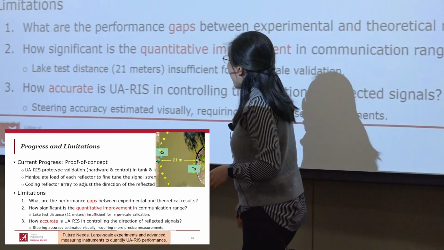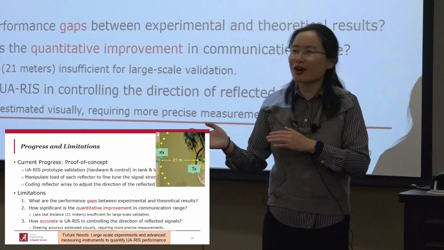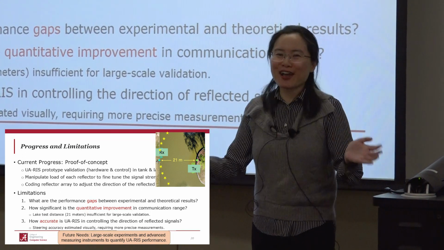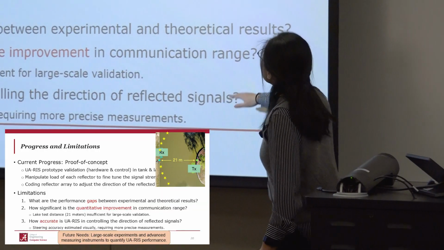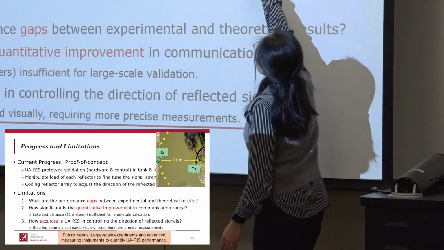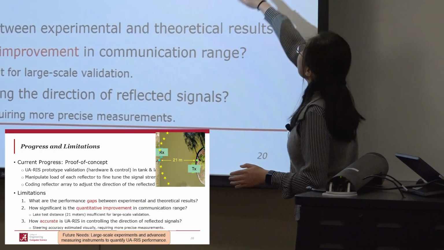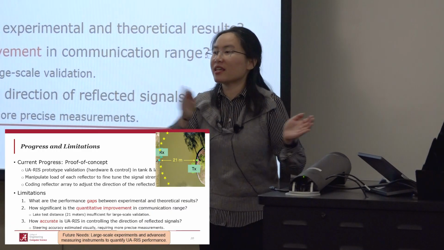And also, how accurate is the RIS in controlling the direction? Right now we only know we can change the direction from one direction to another, but how accurate it is, we don't know. In order to do that, we need to deploy probes at the same distance from the transmitter and uniformly spaced in degree.